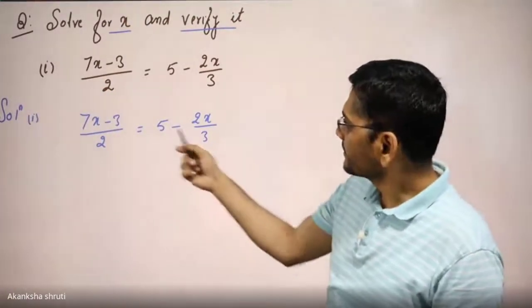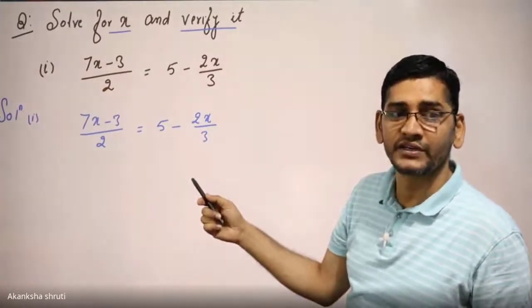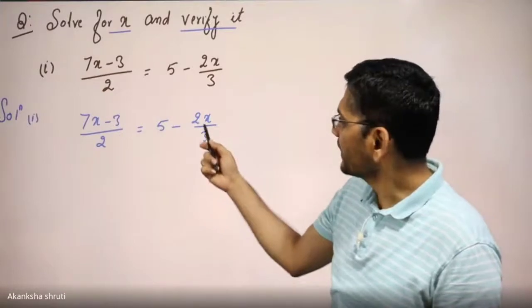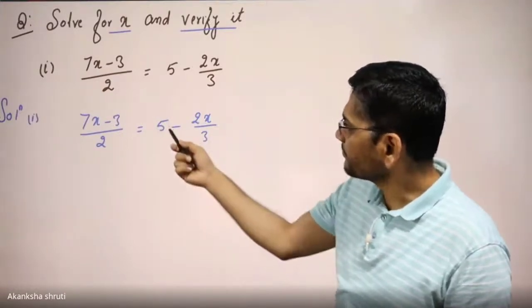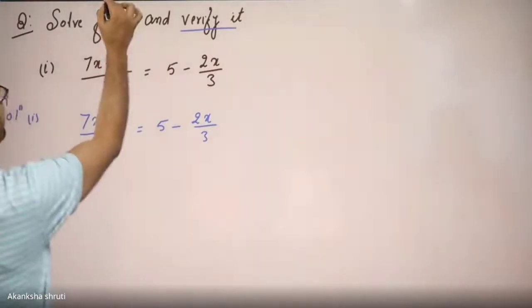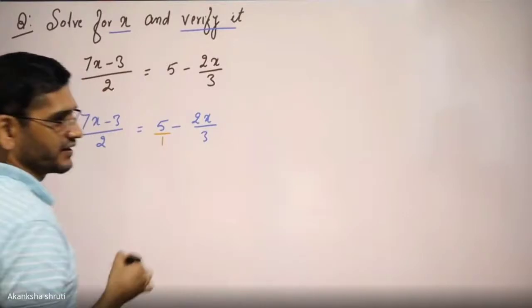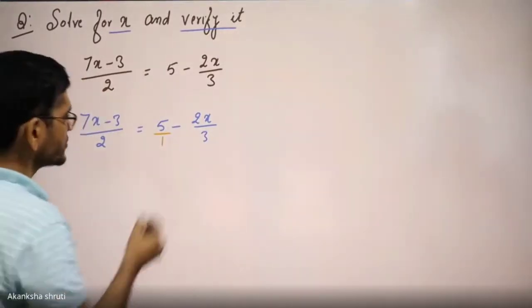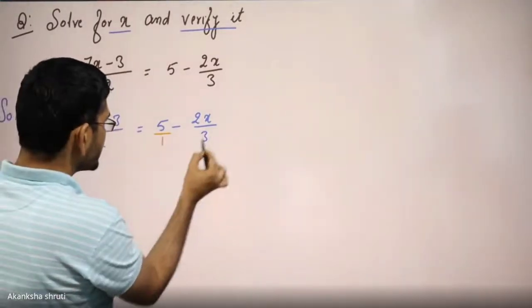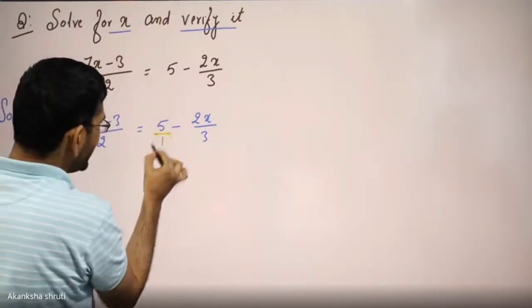But on the right hand side, we have two kinds of denominator. One is 3, but for 5, what is the denominator? Can you tell me? Here for 5 we have the denominator 1. So for this right hand side, these denominators are different.